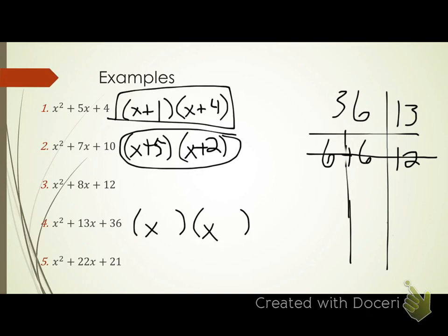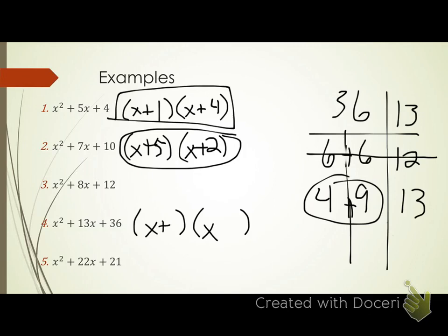Raise your hand if you can give me another combo that multiplies to 36. 4 times 9. What's 4 plus 9? 13. Do those two numbers multiply to 36 and add to 13? Yes, they do. There's the combo that I want. 4 and 9. What are my signs going to be in the parentheses?